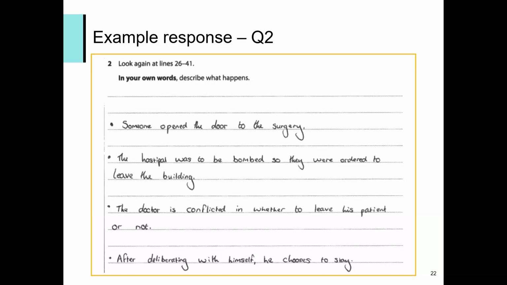So thinking about that one, it's clear. It's a nice succinct response. It makes 4 straightforward, valid points. And if we look in our mark scheme, we can see the bullet points there, and this student has met bullet points 1, 2, 7, and 8.